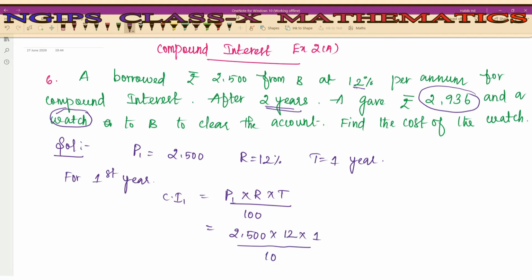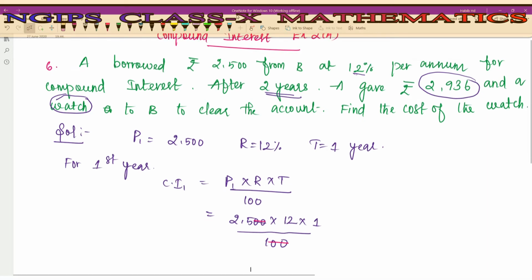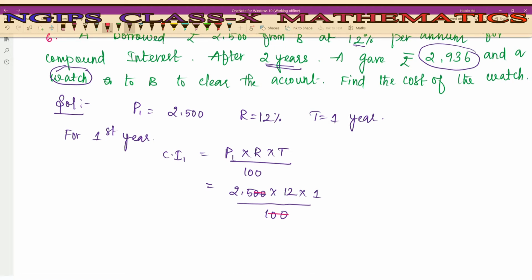Now if you look at this, here 2 zeros and here 2 zeros, they are going to get cancelled. So the leftover is 25 into 12.